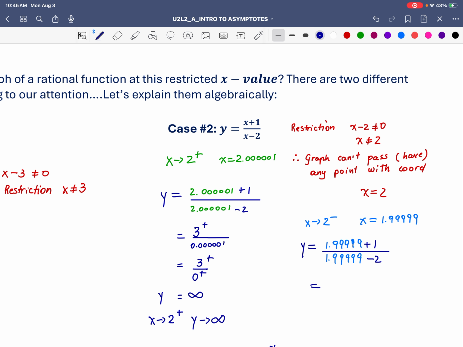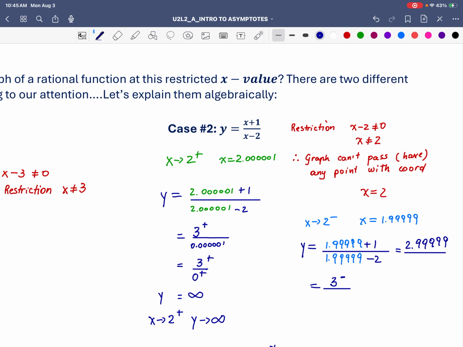Now, as you can see, the numerator is going to be about 2 plus 1, about 3, but a little bit less than 3. Remember, 3 minus is a positive number, so it is like 2.99999.